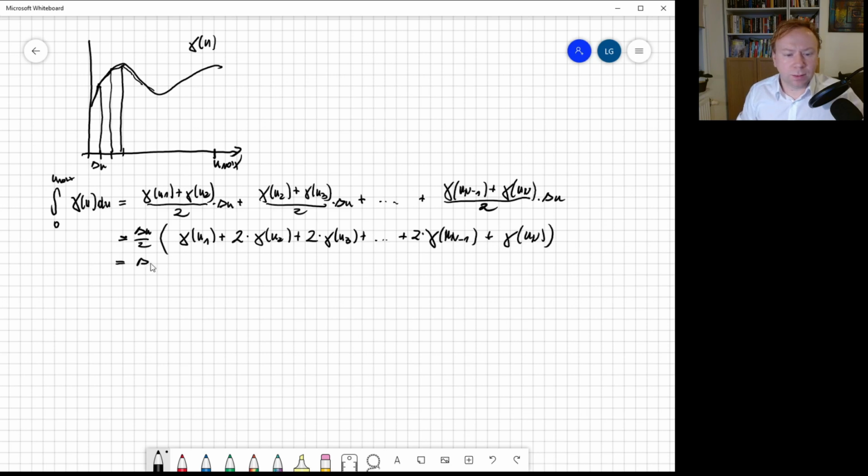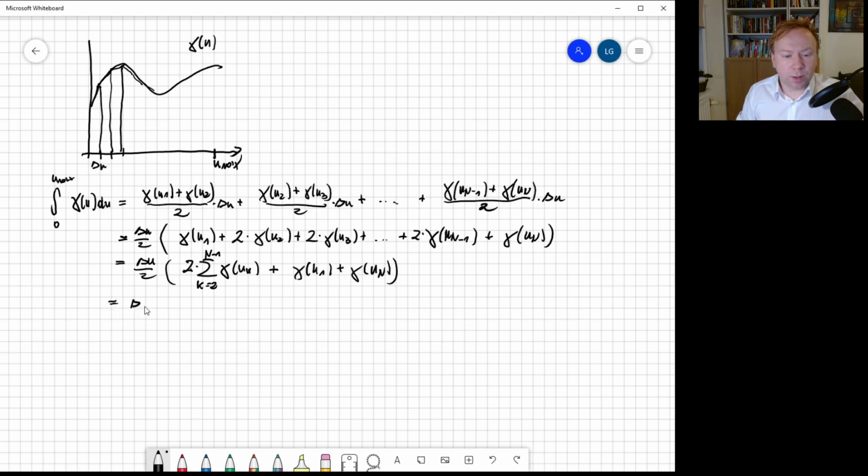This means we have delta u over 2, we have 2 times the summation of gamma functions of u k from k equal to 2 to n minus 1, and then plus gamma u1 plus gamma of u n, as this is not 2 but a single gamma u n.